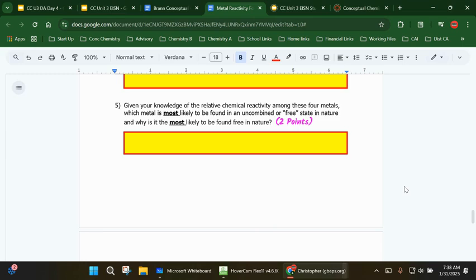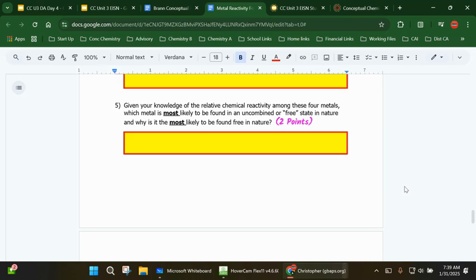Okay? So, this question is asking you, what are you most likely to find alone? One element that you're likely to find alone, ladies and gentlemen, is gold. Gold does not react with a lot of things, which is why for years people moved west to look for gold.